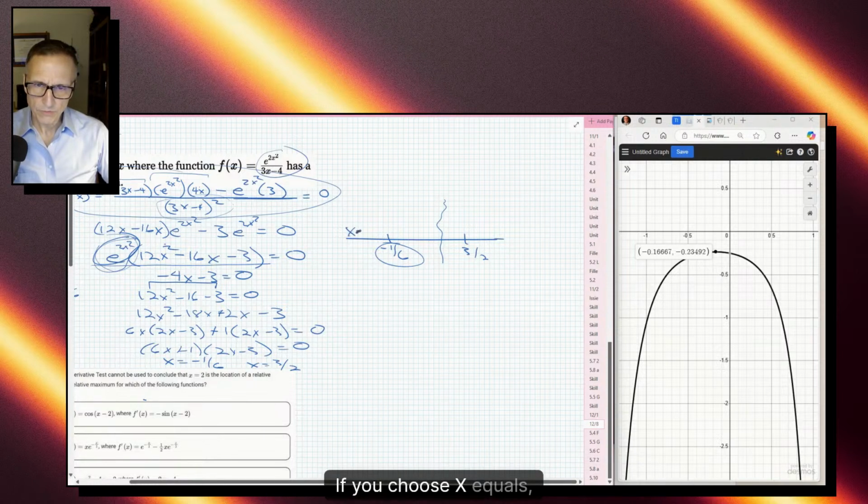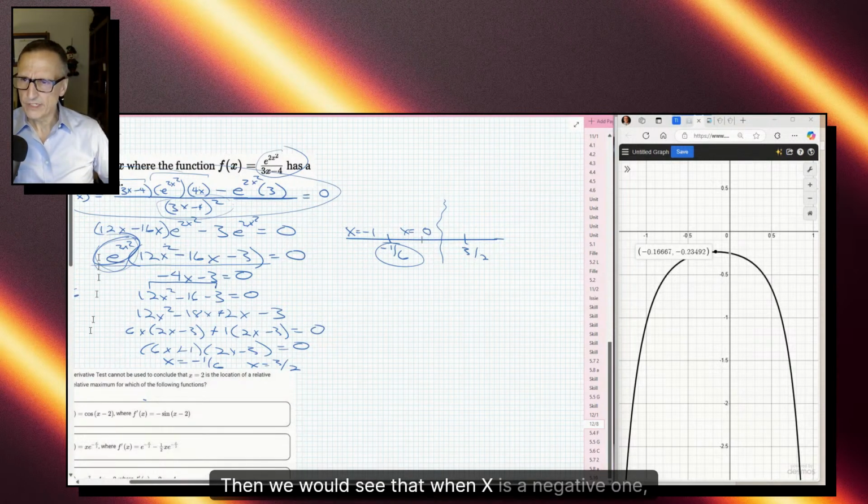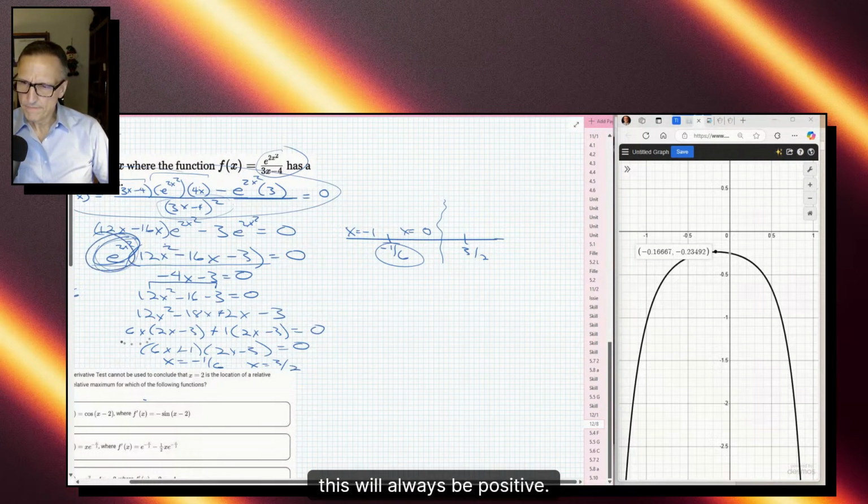If you choose x to the left of negative 1/6, we'll go with negative 1. And over here, if we did x is equal to 0, then we would see that when x is negative 1, this is going to be down. Let's use, this will always be positive.